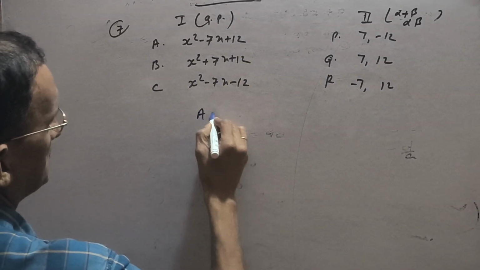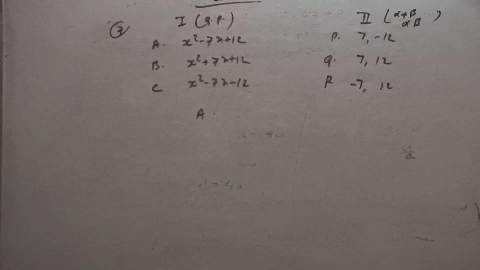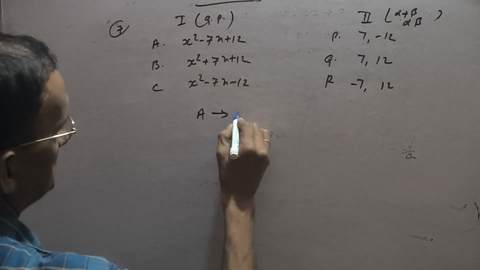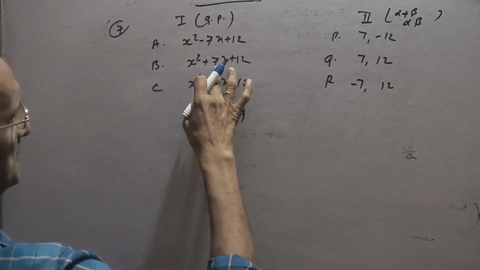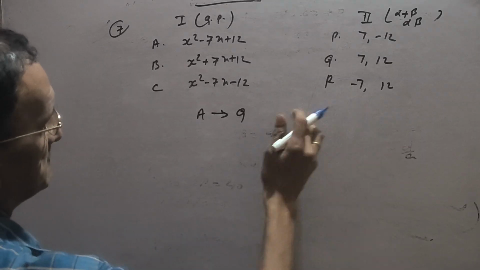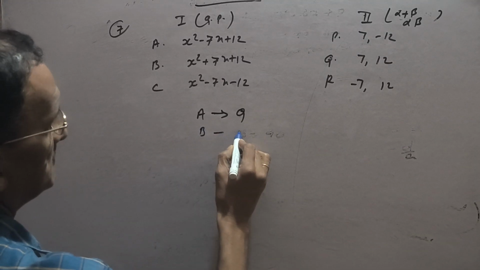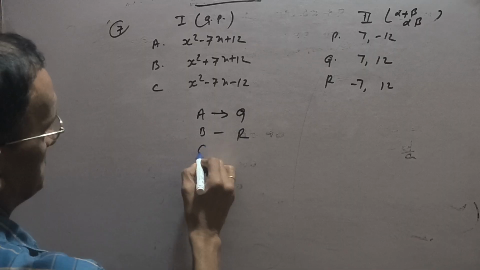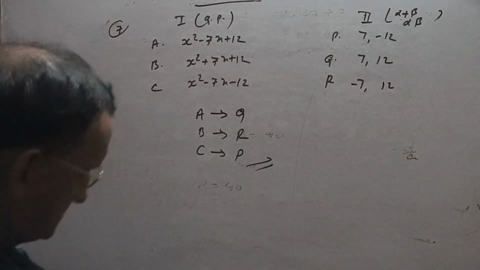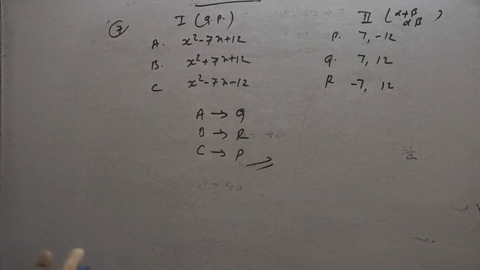So A is with Q. And what is the sum of zeros here? Minus b by a, so minus 7. Minus 7 is here, so B will be with R. So C is the only one left, so C is with P. Which option will be correct? B perhaps.